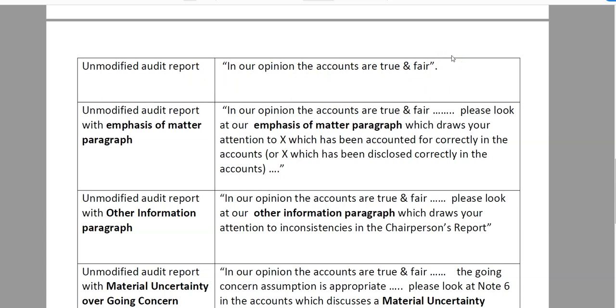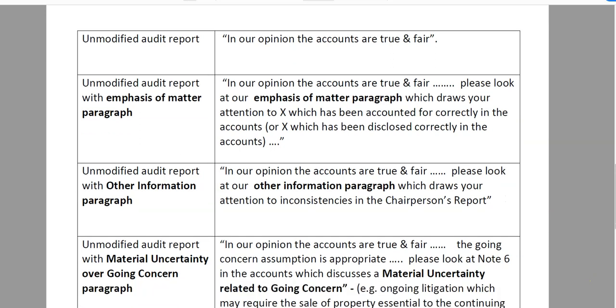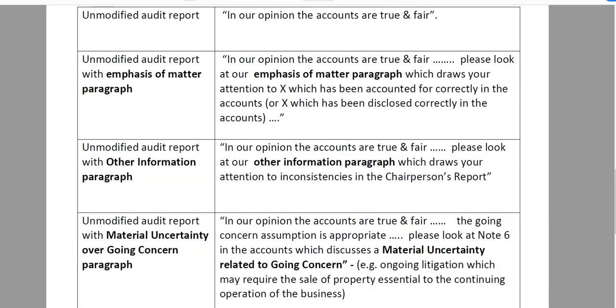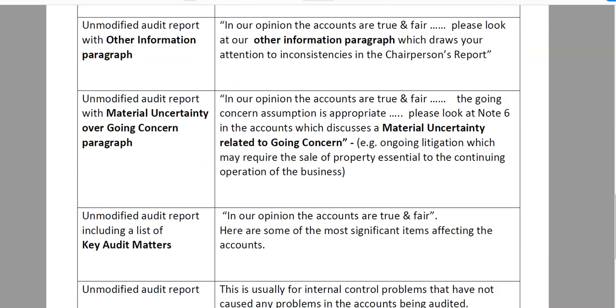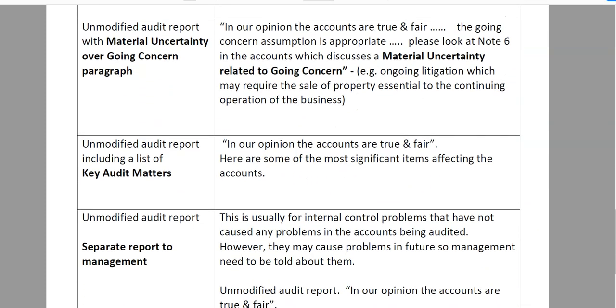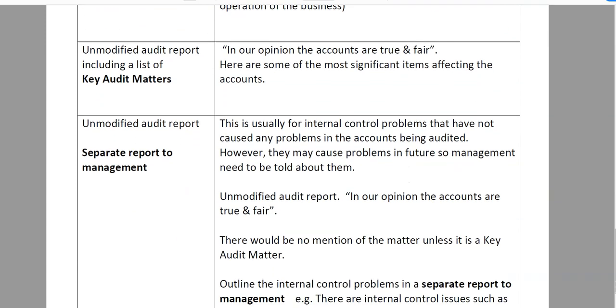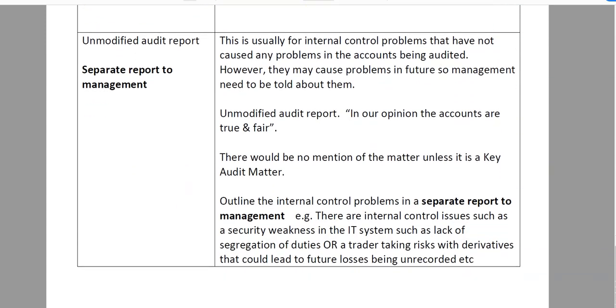But really in a question, if you think it's unmodified, it's probably going to be unmodified with something else, because the marks are going for showing that there's something else. Either emphasis of matter, other information, material uncertainty over going concern, key audit matters, or separate report to management.